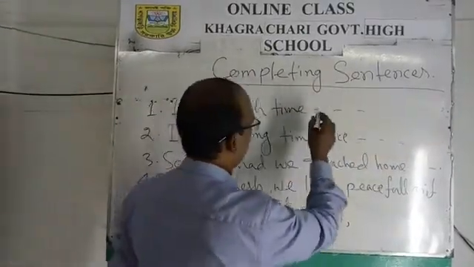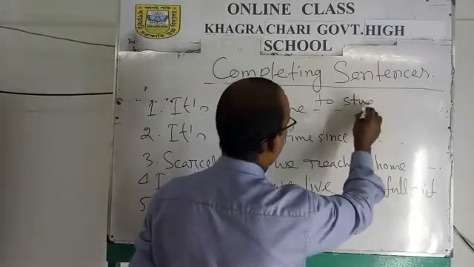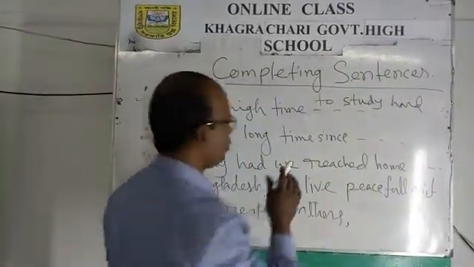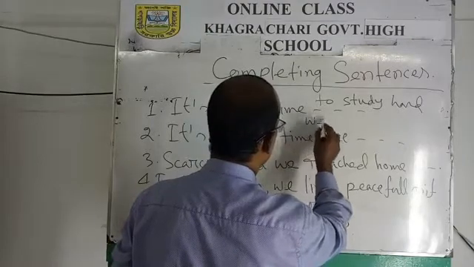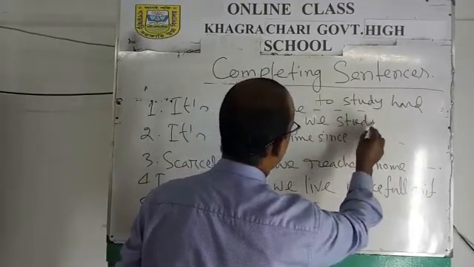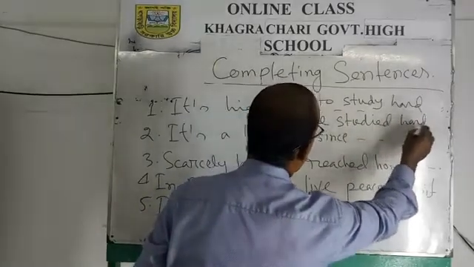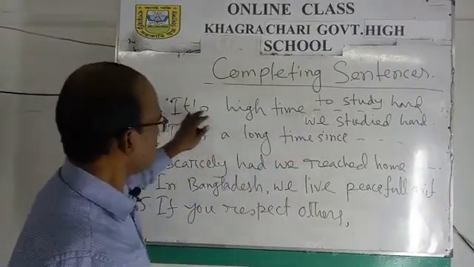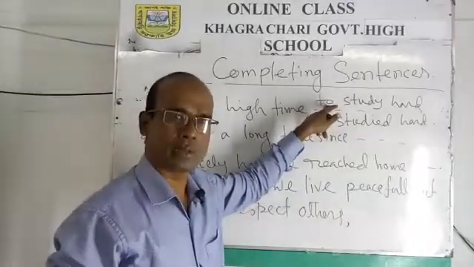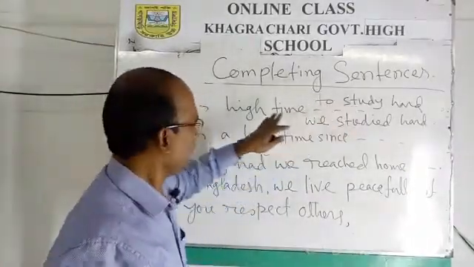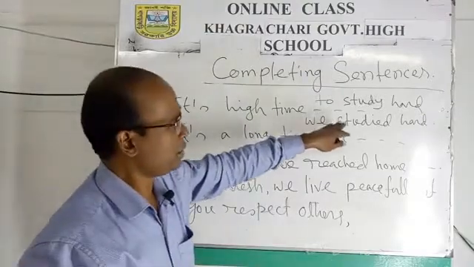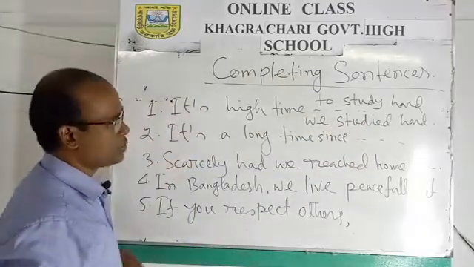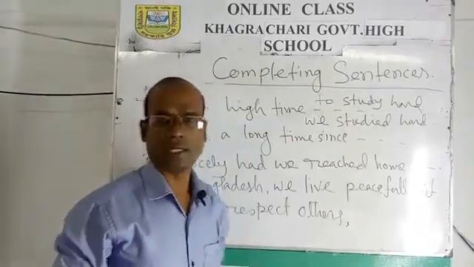Suppose it is high time to study hard. But if you use a subject, it is high time we studied hard. If it is given, it is high time to, then definitely you have to start with the base form of the verb. If a subject is mentioned, then definitely you have to use the past form of the verb. Okay, it is high time to study hard, or it is high time we studied hard.